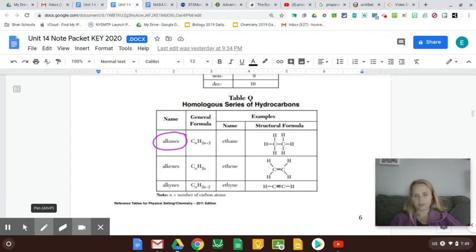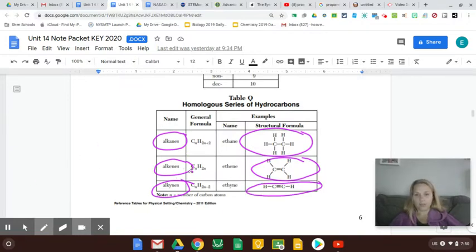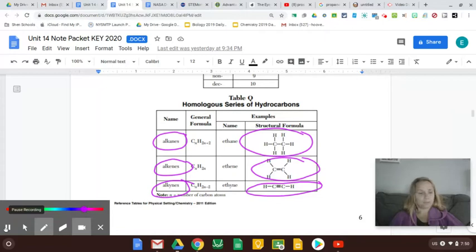Actually, all of page 7 in the reference tables is about organic. So alkanes, and then here's a picture, and you can go, oh yeah, that's the single bond one. Alkenes, some information, picture, oh yeah, that's the double bond one. Alkynes, picture shows that's the triple bond one. So you can get it all from the table if you can't remember it.